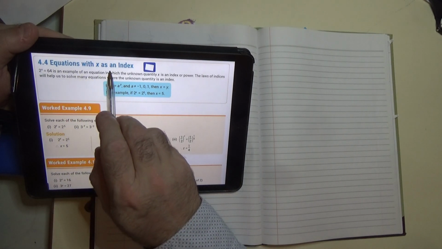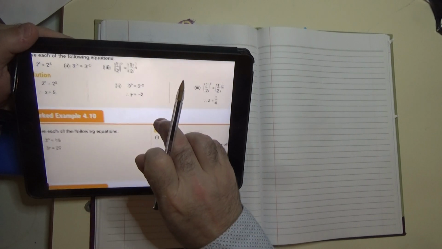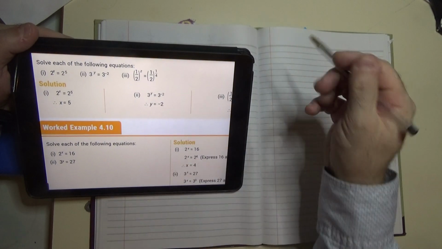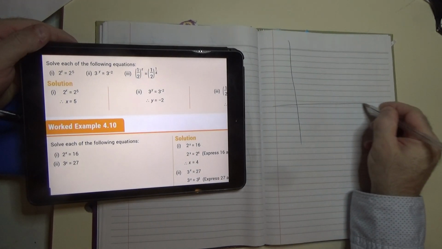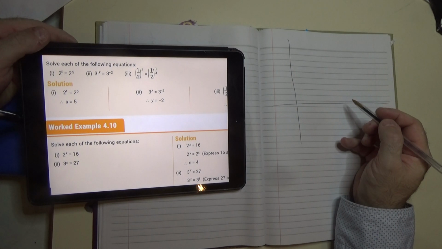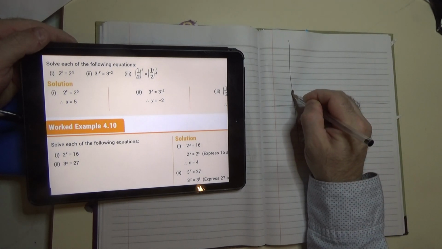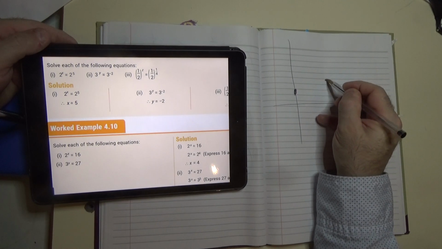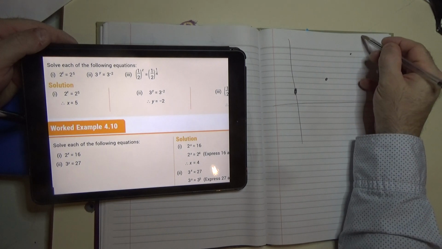So, equations with an x as the index. As always, let's just jump straight in. The most basic thing to look at is that it's an exponential function, 2 to the x. And 2 to the 0 is 1. 2 to the 2 is 4. 2 to the 3 is 8. And it curves on up.